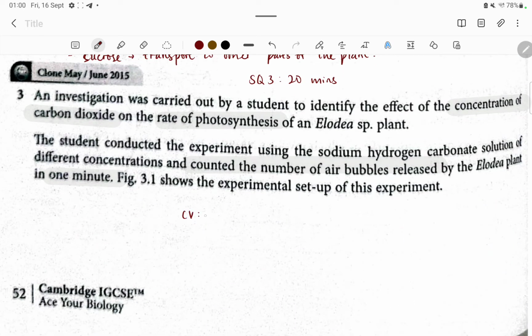So we call it as CV lah. Time. And then manipulating variable, or in Chinese you say 操纵性变数 lah. This one is concentration of carbon dioxide. This one they use sodium hydrogen carbonate solution to control it lah. And then responding variable is rate of photosynthesis.